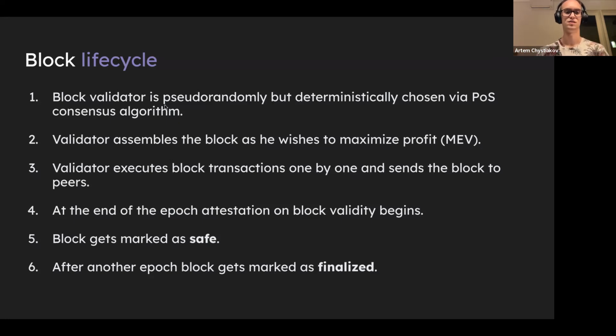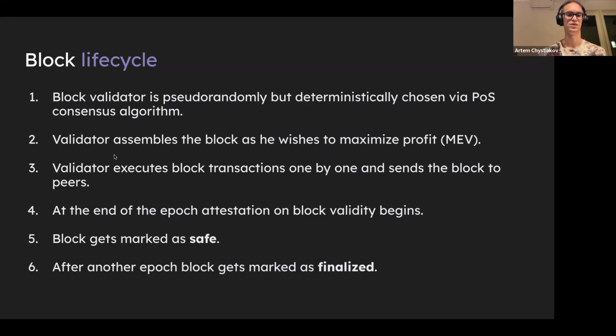But it is fully pseudo-random and also deterministic to a certain point, because it is actually impossible to be 100% random in the decentralized world.